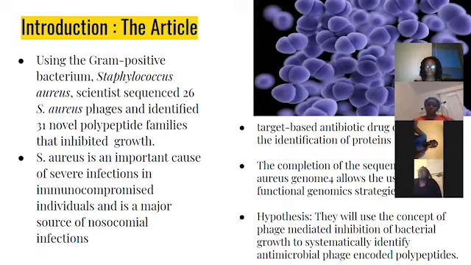The completion of the sequence of the bacterium's genome allows the use of functional genomic strategies, which are used to identify essential genes and proteins for new antimicrobial drug development. In the article, they hypothesized that they could use the concept of phage-mediated inhibition of bacterial growth to systematically identify antimicrobial phage-encoded polypeptides.